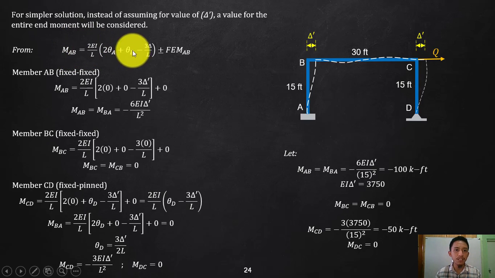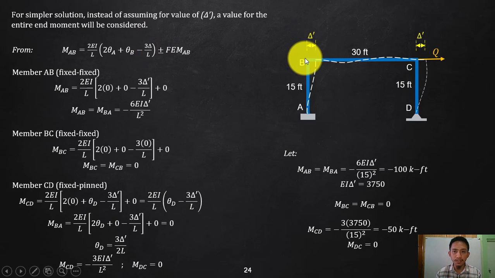Since again the moments are due to the deformation, not due to a force, we will be using your delta and theta to solve for the moment at the end. That is again from your slope deflection equation, 2EI over L. If you are considering joint A, that is 2 theta A plus theta B minus 3 delta over L. What is delta again?